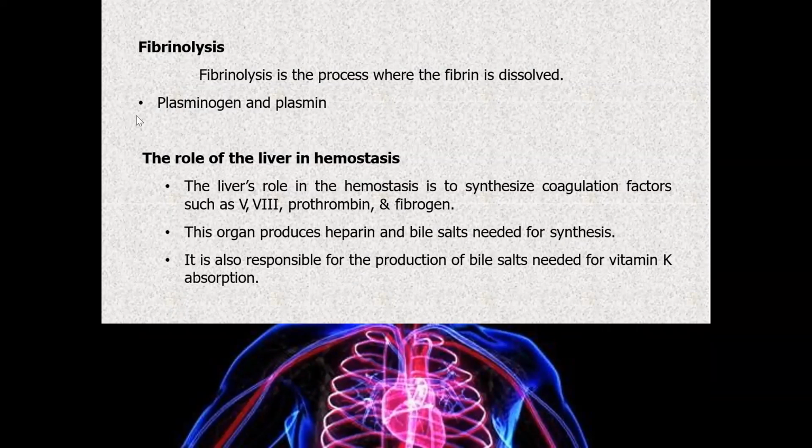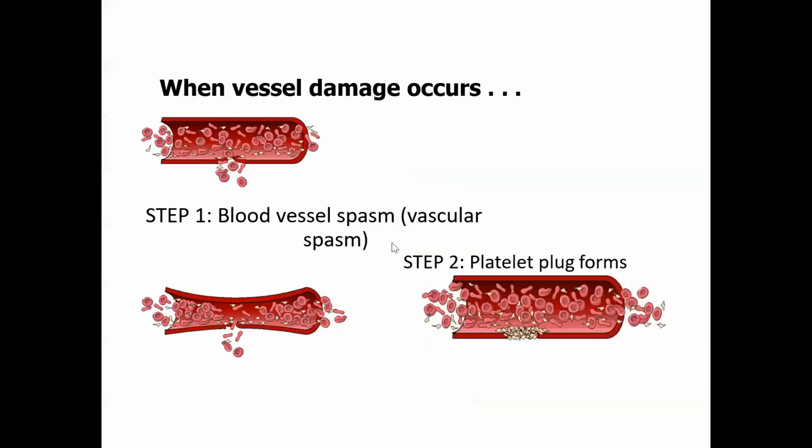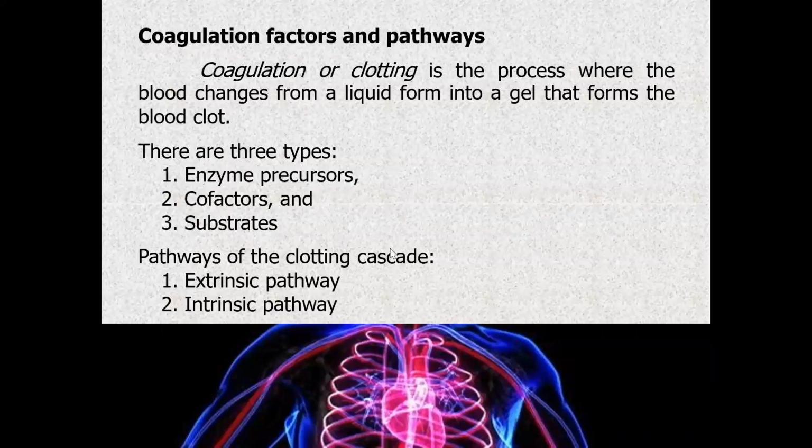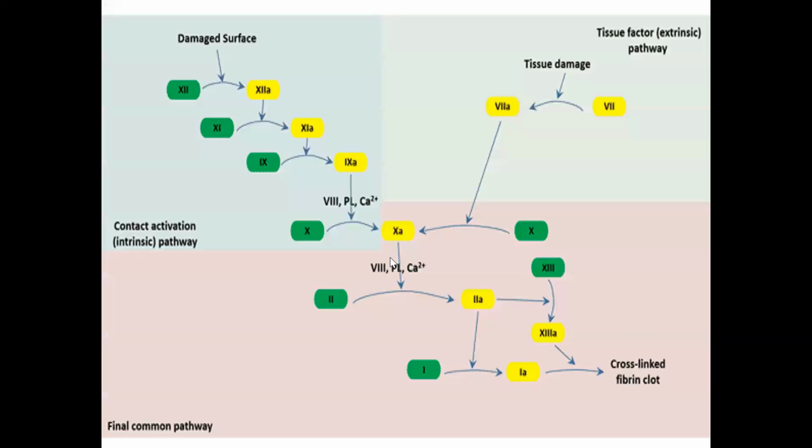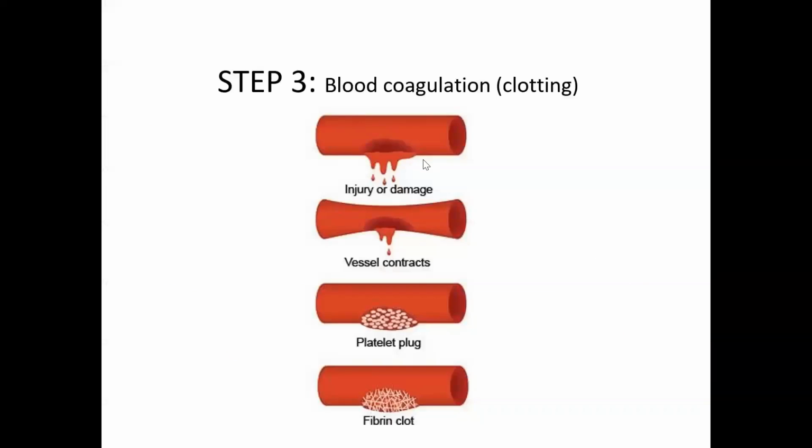Okay? How about the liver? What is the function of the liver when it comes to hemostasis? Remember that all these clotting factors are proteins. Take note, proteins come from our liver. So the major function of our liver is to manufacture protein.